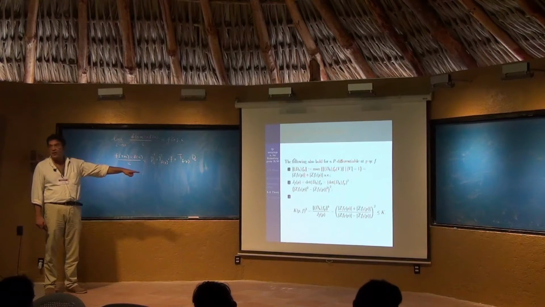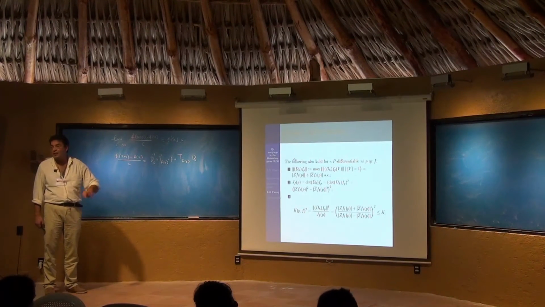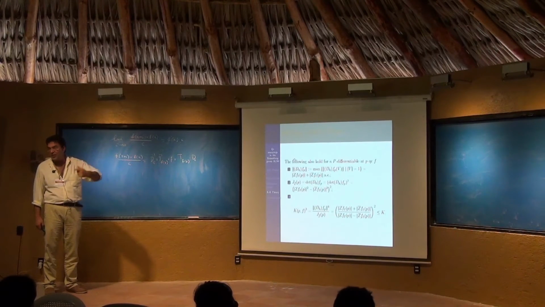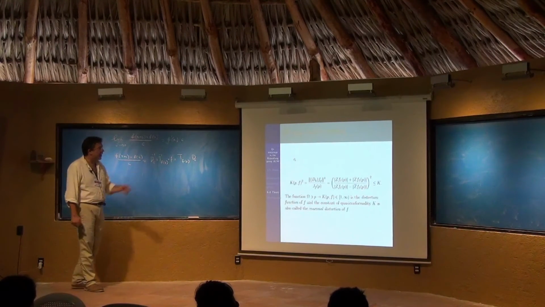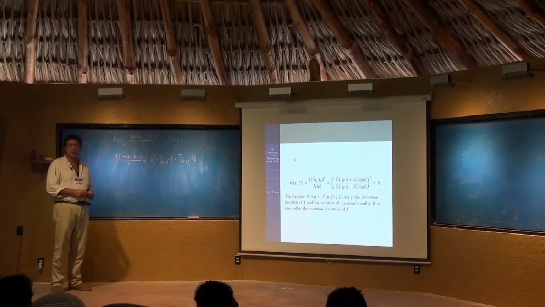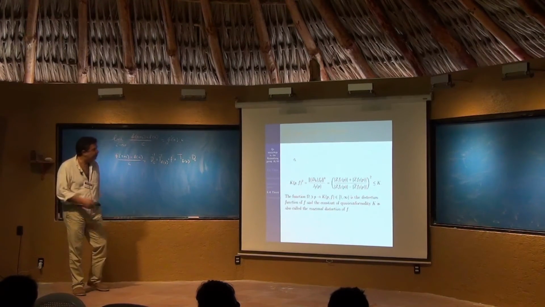And we have this distortion function to the square, which is a familiar thing from quasi-conformal mappings of the plane, but squared, and this is less than K. So we have a square factor here that doesn't appear in the Euclidean case. This guy, K_P(f), is called the distortion function, and the constant of quasi-conformality is also called the maximal distortion. This is almost the same as what is happening in the quasi-conformal mappings of the complex plane.